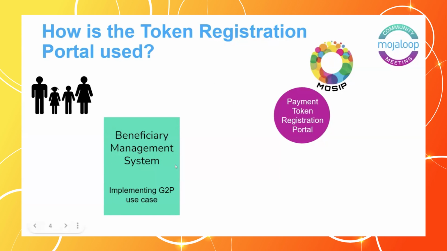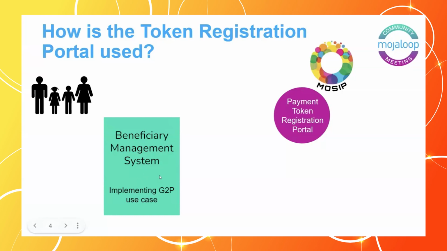Here on the slide, this purple circle represents our payment registration portal, which is really the key component that ties these three digital public goods together. What it provides is a payment alias that is personalized. In other words, it has a personal profile or login or access, and we use MOSIP's identity registration function to perform that action.